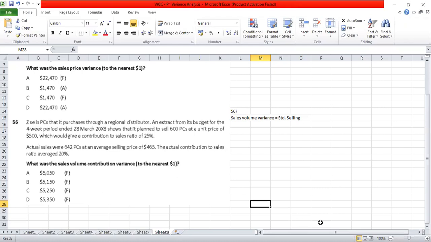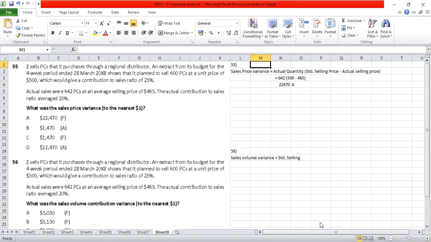In that case, the same set of data was there for the previous question also, but that question was basically only about the selling price. So we did not come down to the contribution part of it. We took only the difference between the selling prices, and then the variance was calculated. Now here the impact is on the quantities which were planned to sell and the quantity actually sold.